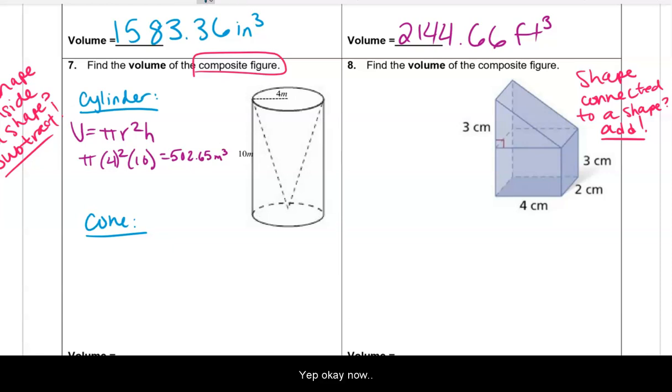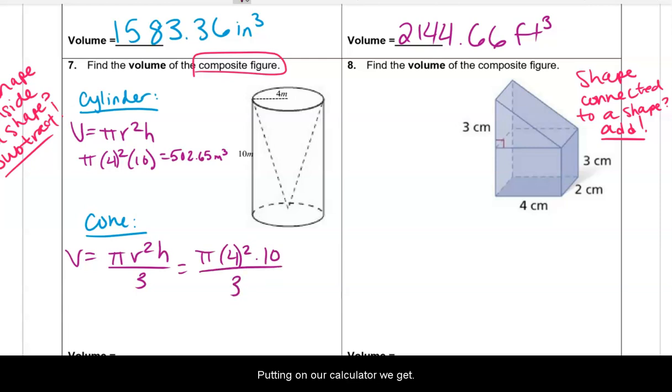Okay, now the cone. We got pi r squared h divided by 3. So the radius here is still 4, and the height is still 10. Pi 4 squared times 10 divided by 3. Putting that in our calculator, we get 167.55. Oh, I wrote that in the wrong spot.